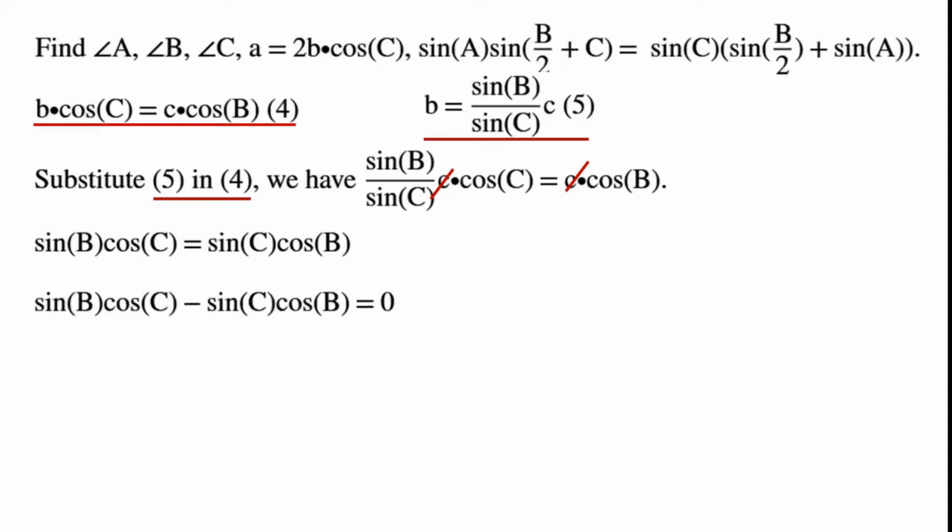By rearranging the equation, we have sin B cos C − sin C cos B = 0.